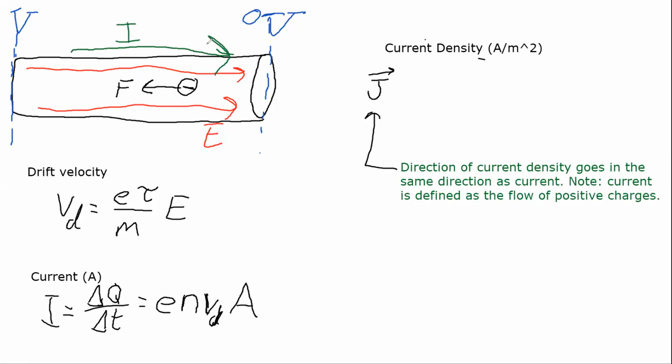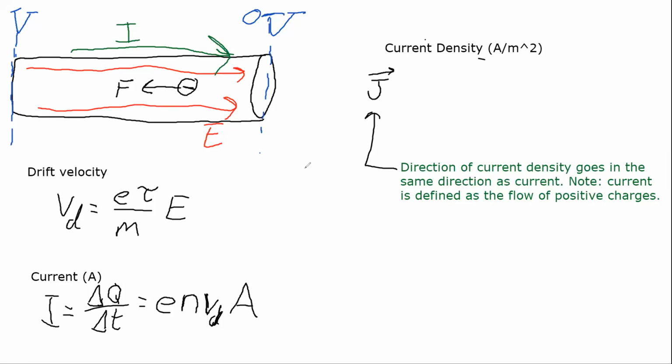A kind of weird thing: when we're talking about currents, we're looking at the flow of positive charges. So instead of going to the left like the electron, current's going to go to the right. I'll keep that in green.